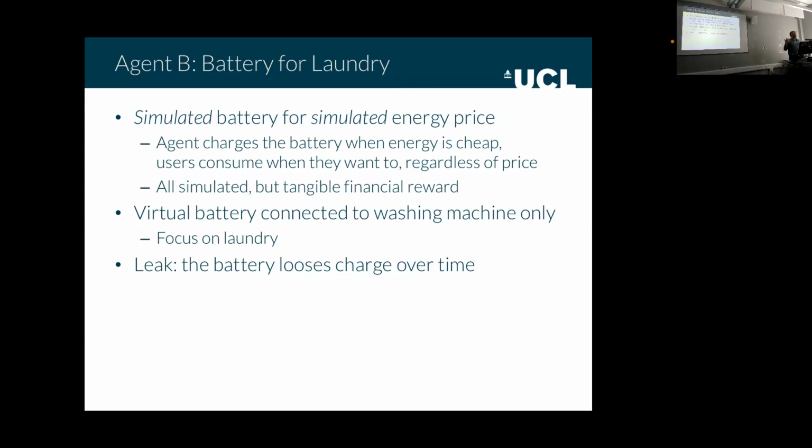So we simulated a situation where the battery is only connected to people's washing machine. Batteries tend to leak energy over time. So this means that to optimize this, the system needs to take into account when energy is cheap, but also it should charge as late as possible compared to when you want to use the energy.